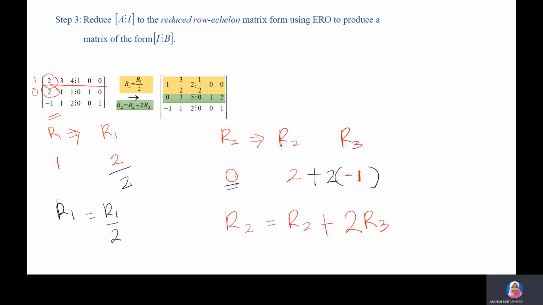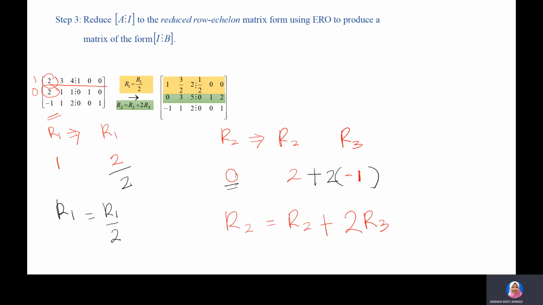Okay, for example, I show one example. So 2 plus negative 2 equal to 0. 1 plus 2 times 1 equal to 3. 1 plus 2 times 2 equal to 5. 0 plus 2 times 0 equal to 0. 1 plus 2 times 0 equal to 1.